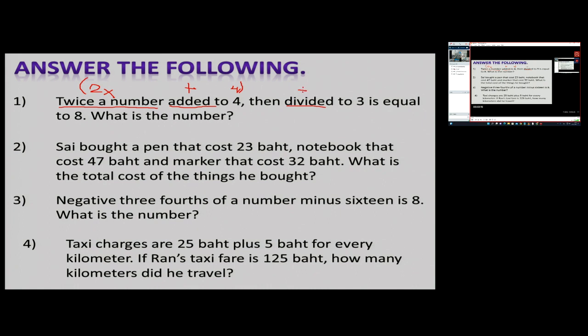Divided by 3. So if we're going to write that, that is 2x plus 4 divided by 3. Again, this division can be written as a fraction bar. Is equal to 8. Now, let us try to solve that.